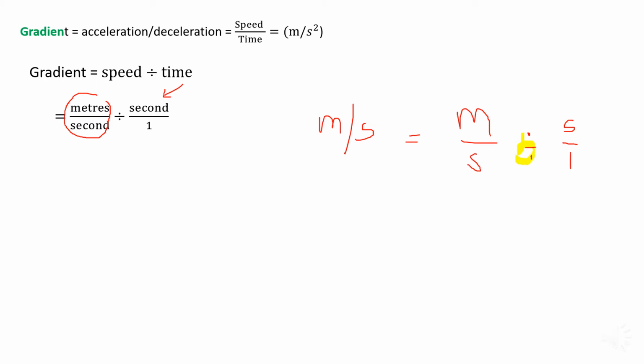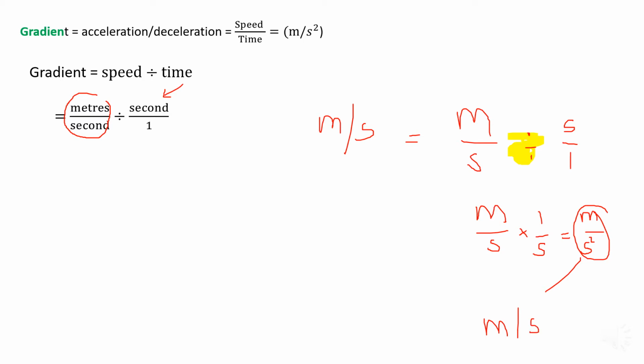You can change this division to a multiplication, and when you do that, you are dealing with meters per second times 1 over second. So what you have here is meters on top, and here you have second squared. This can be rewritten as meters per second squared.